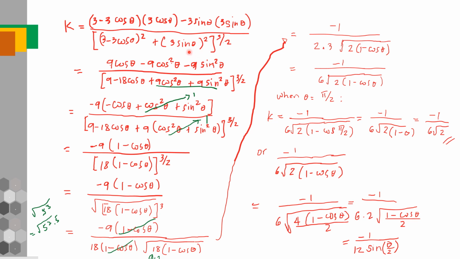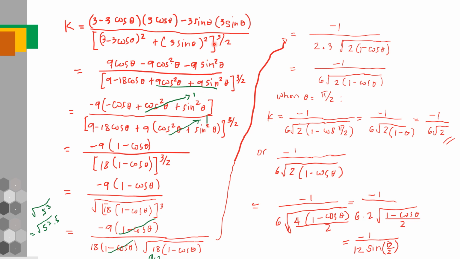Sa ikalawang term, pag i-square natin to, so we have 9 sine square of theta. And again, if isi-simplify natin tong 9 cosine square of theta and 9 sine square of theta, that is equal to 9 times 1, which is actually 9, no? So, pwede natin i-factor out tong 9 dito.